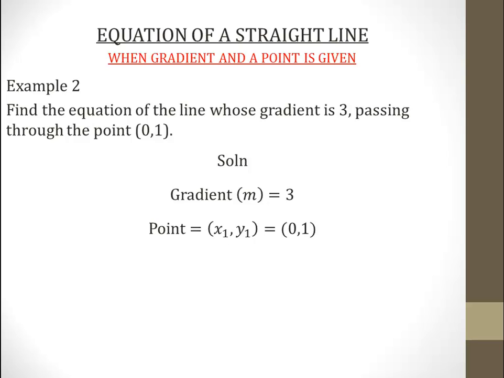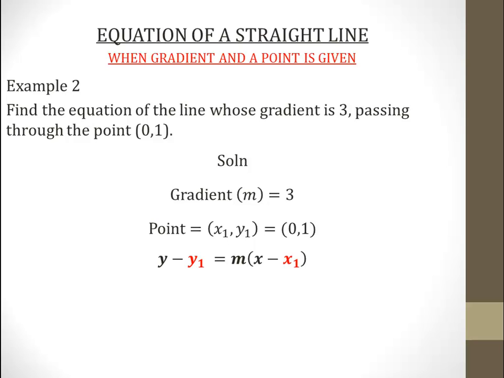With this one, I'm going to use the second equation, or the second rule, or the second formula. The reason why I'm going to use the second formula is because my gradient is a whole number, not a fraction, to make things simple. So I have y minus y1 equals m into bracket (x minus x1).